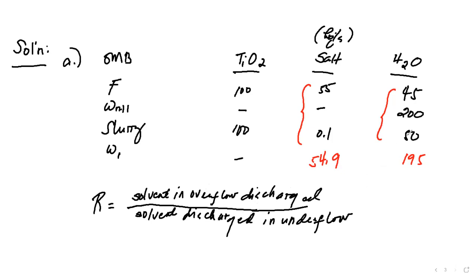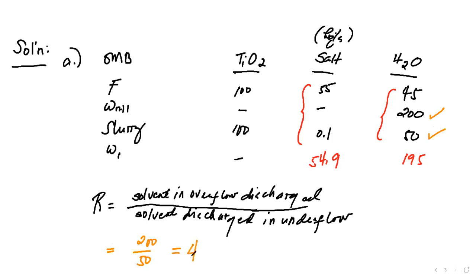And you can see these two, in a different color. Solvent discharge in the overflow, solvent discharge in the underflow. So in that case, we will have 200 over 50, and that should give us a 4.